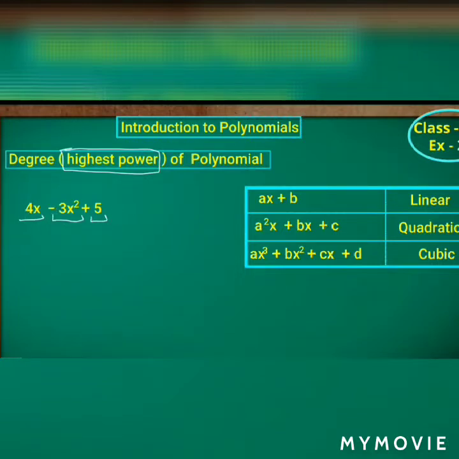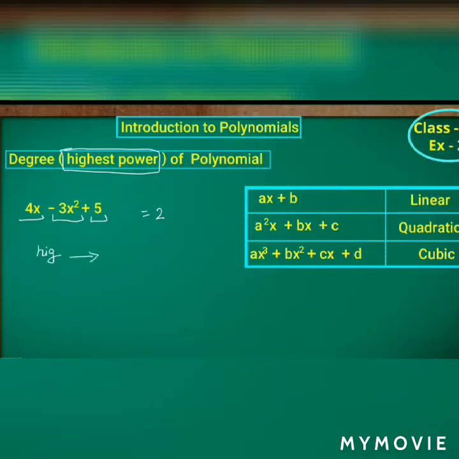So in this equation, the first thing we have to do is arrange the given expression from higher power to the least power, that is, the exponents of the variable should be from highest to least. So here what is the degree of the expression? That is 2. Since the variable x is having the highest degree, that is 2, the degree of the polynomial will be 2.